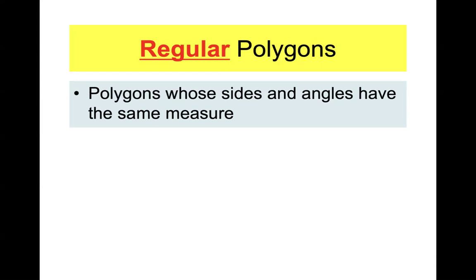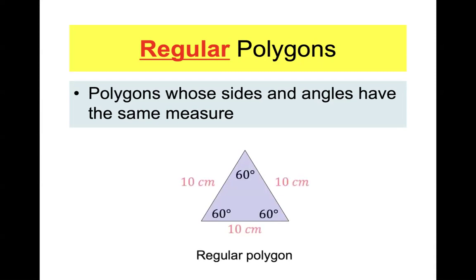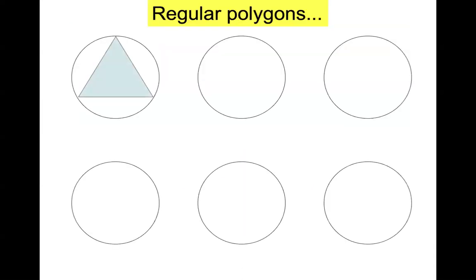We're saying that all the sides have the same measurement and all the angles have the same measurement. So an equilateral triangle is also a good example of a regular polygon, along with a square. 3 sides where the sides have all the same measurements and all the angles have the same measurements. So today is about calculating the area of regular polygons.